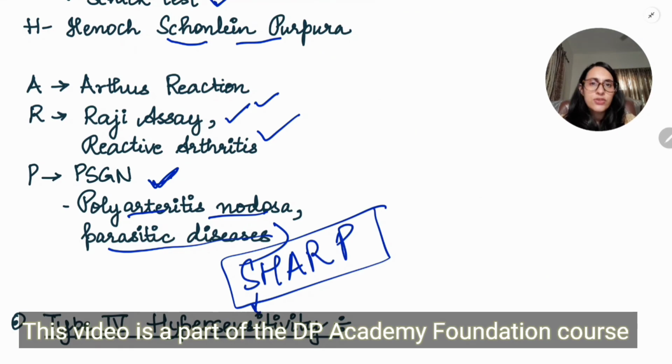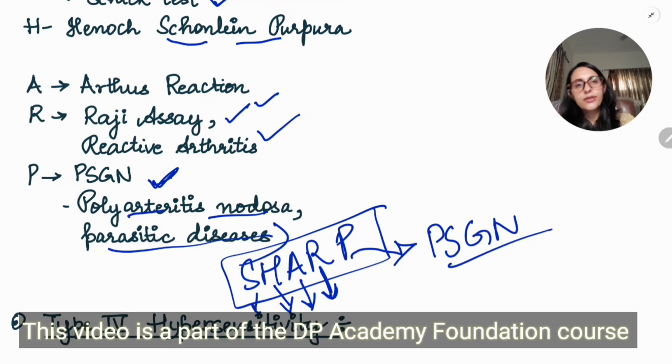S for SLE, serum sickness, and Schick test done in diphtheria. H for Henoch Schonlein purpura. A for Arthus reaction, R for Raji assay, another R for reactive arthritis, and P for post-streptococcal glomerulonephritis or polyarteritis nodosa or parasitic disease complication.